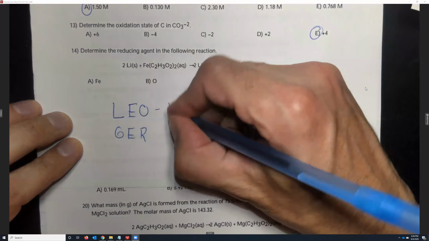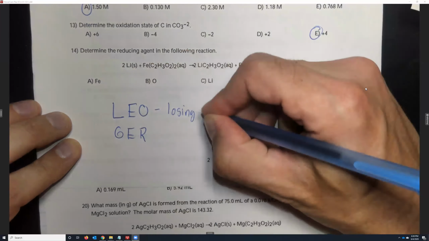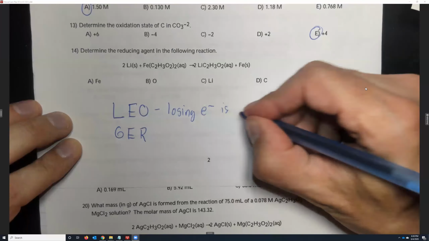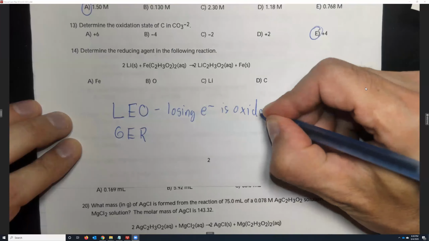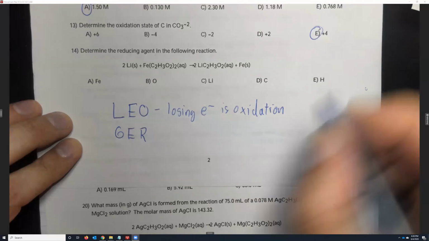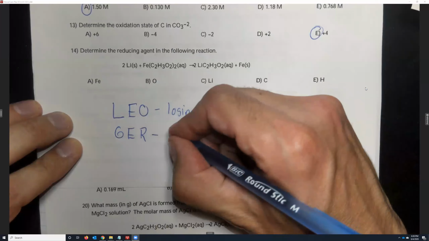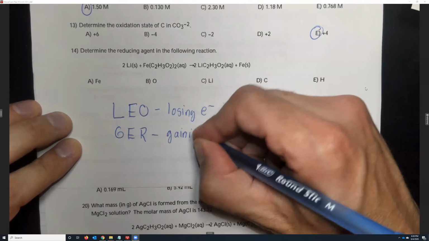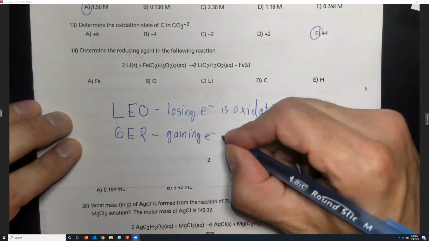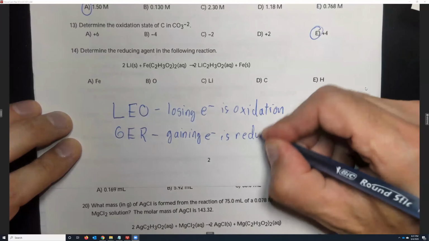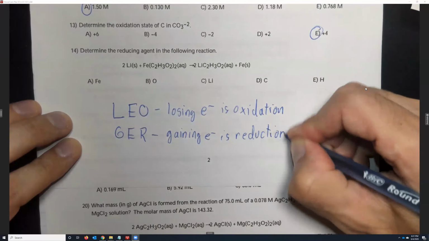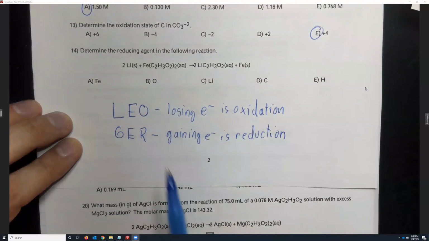Where Leo is losing electrons is oxidation. Or if you prefer, it's exactly Leo, losing electrons, oxidation. Ger is gaining electrons is reduction. Again, skip the "is" if you prefer, if it makes it easier to remember.